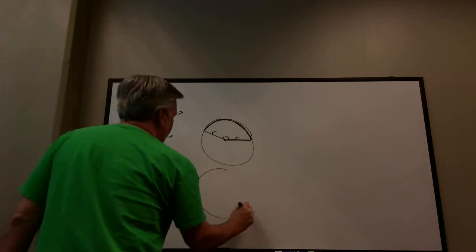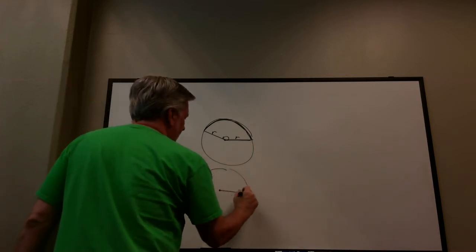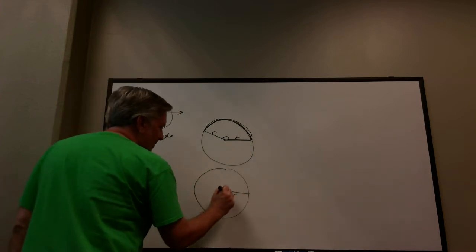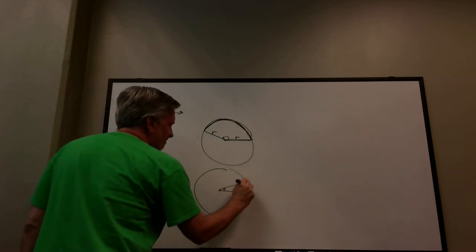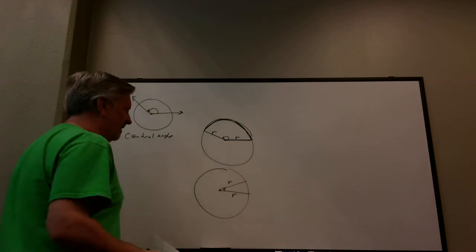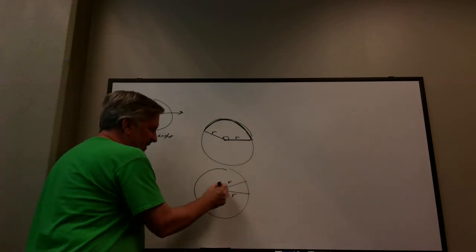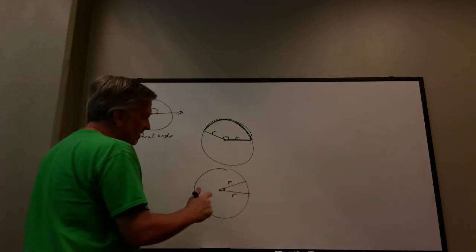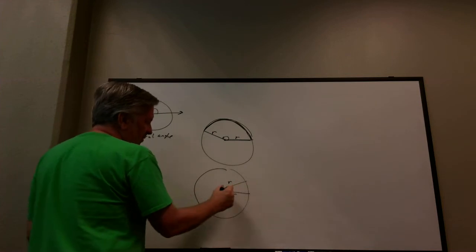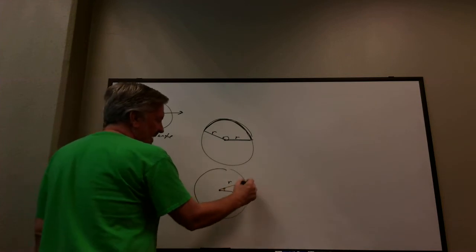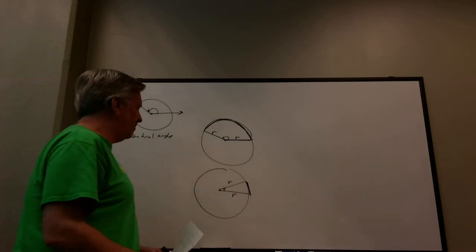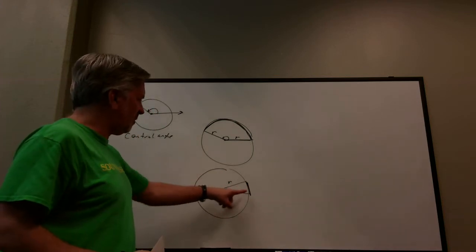Likewise, again, don't draw the picture yet. In this picture, imagine an angle like this. So there's r, two radii, and I have a central angle here with rotation. Now, let's look at the arc intercepted by this central angle. How does the length of the arc here compare to the radius? Well, it's smaller.